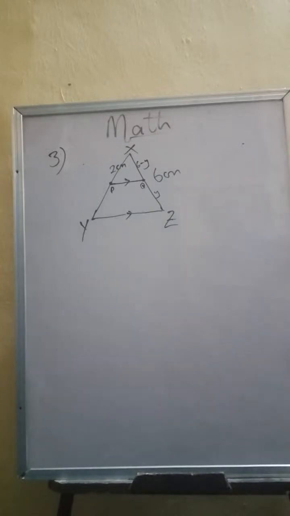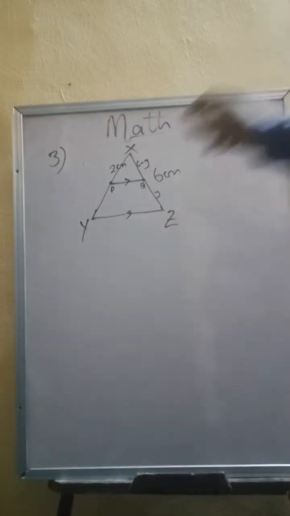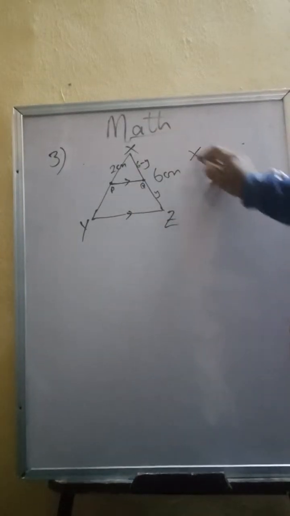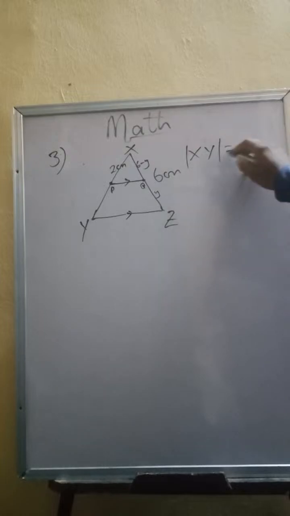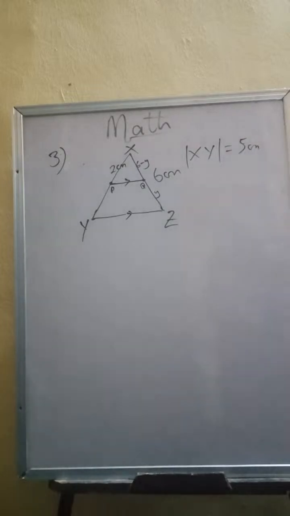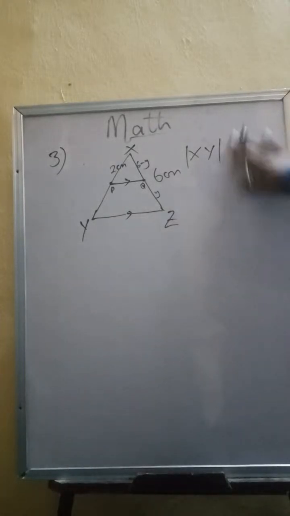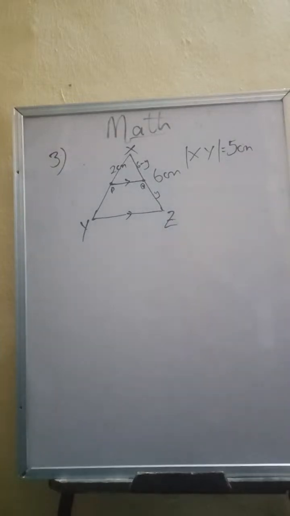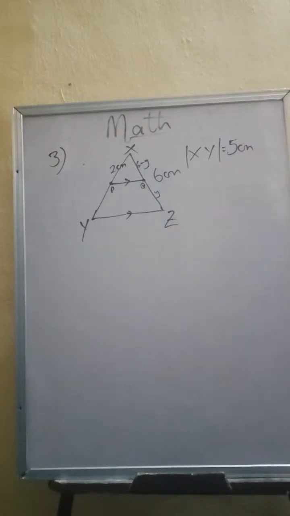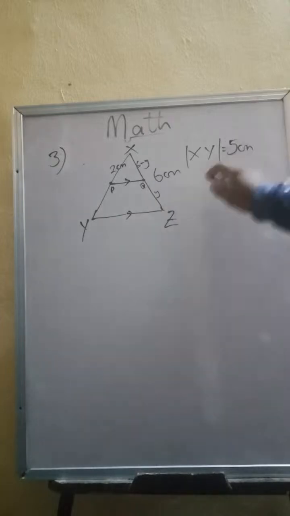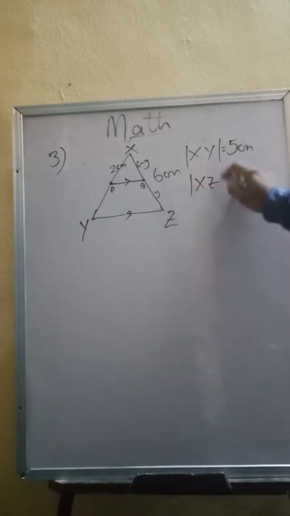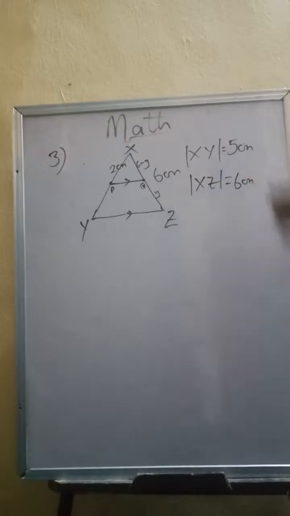However, one of the pieces of information that was missing in the question is that line XY is 5 cm. I'll write it out properly so you can see it is 5 cm. You can see that line XZ is 6 cm.